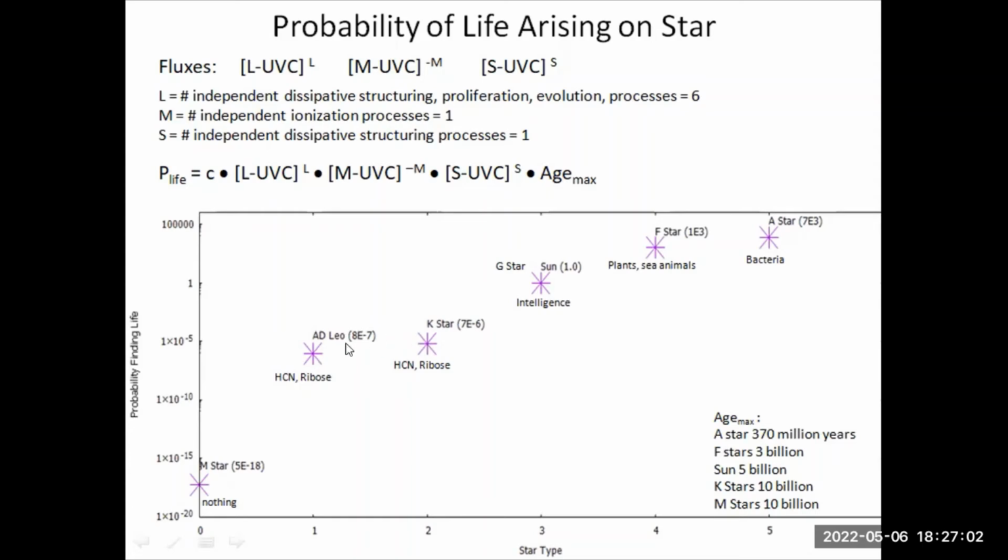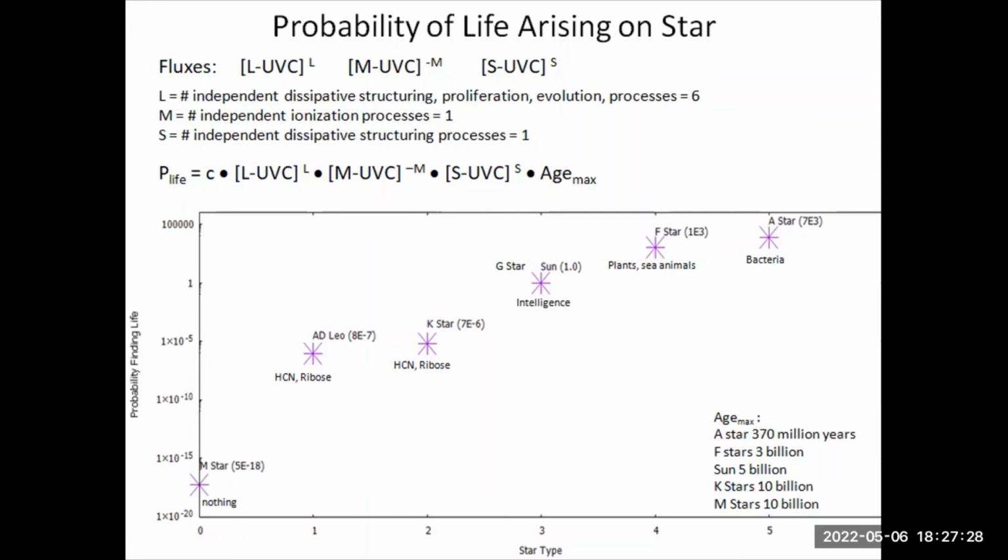So these are two different M-type stars, which are these red stars. AD Leo is a star which they're focusing their attention on, and it will be looked at with the James Webb Telescope. They're looking for life on the planet's biosignatures. But according to us, because it has almost no or very little UVC light in a continuous form, it does have outbursts.